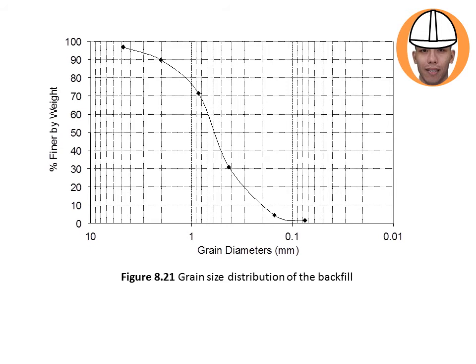Okay, this one is an example of the grain size distribution of backfill. So this is almost a straight line, which means it's almost a good grain size distribution. So it's a good grade.